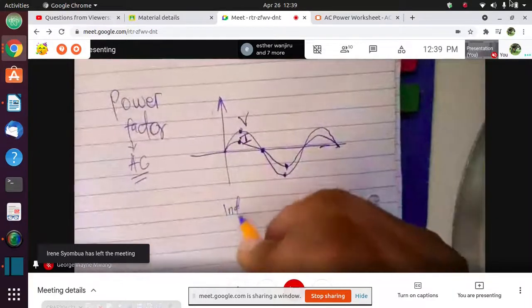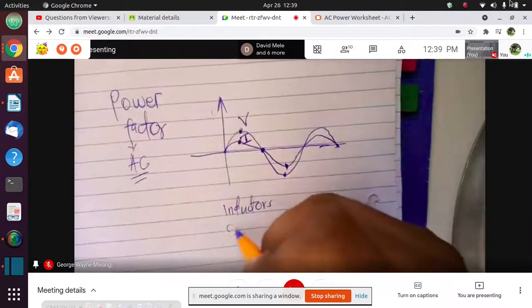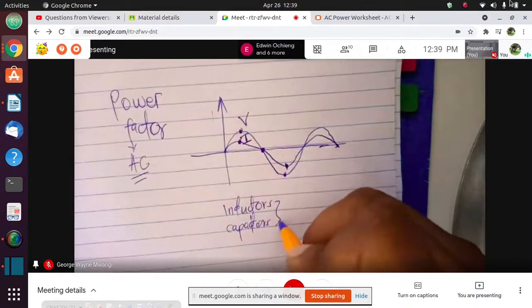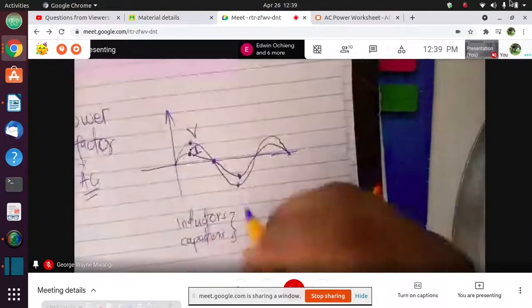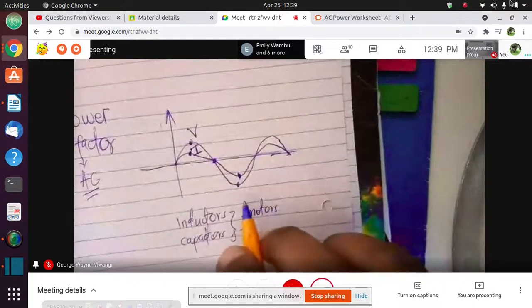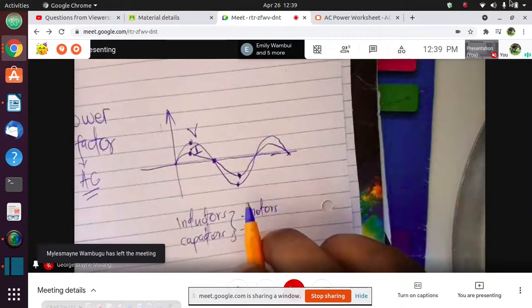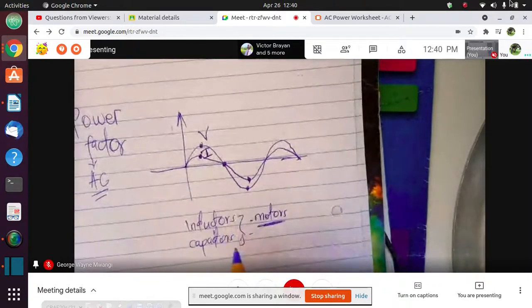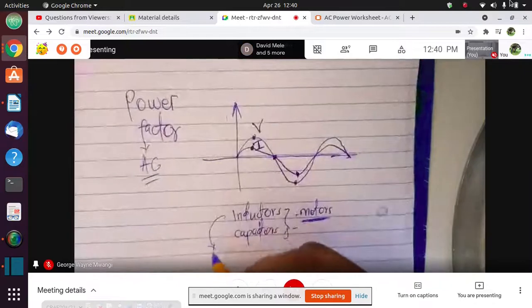We had inductors and we had capacitors. Remember, when we are in industrial use, we will be using motors and other components. And these motors will increase, when a motor is connected to a circuit, you'll find that this motor will increase its inductive reactance.